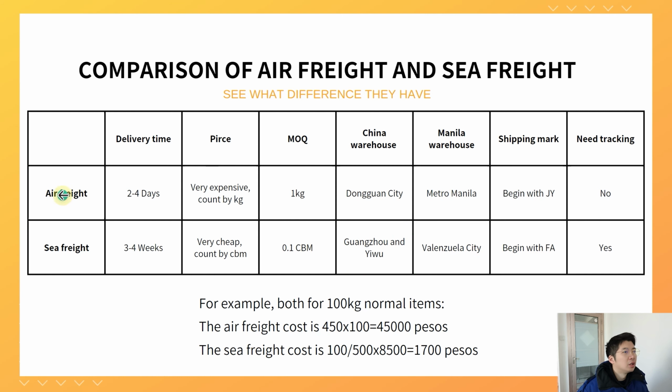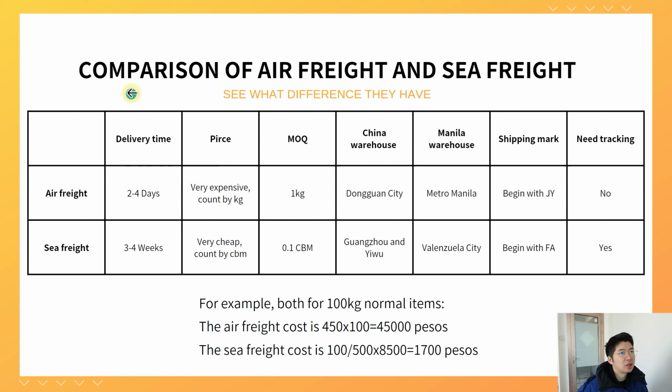Air freight needs no logistics tracking during the shipping process because it is very fast, only 2 days. Sea freight will need tracking because the delivery time is very long, 3 to 4 weeks. Most clients will need this.